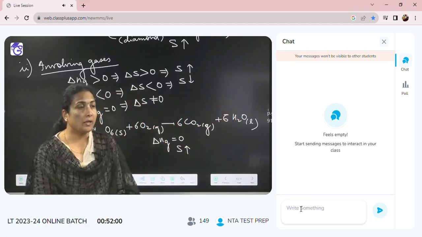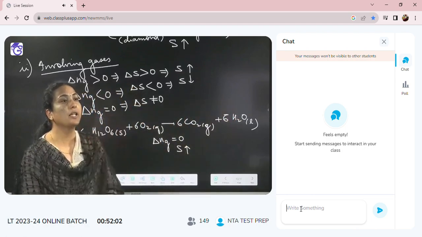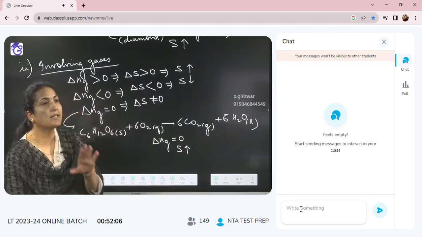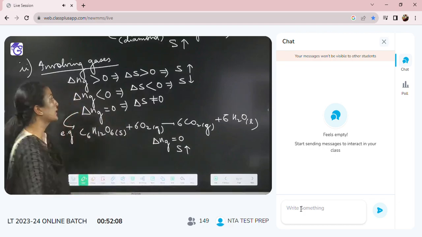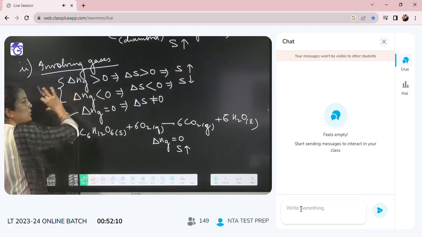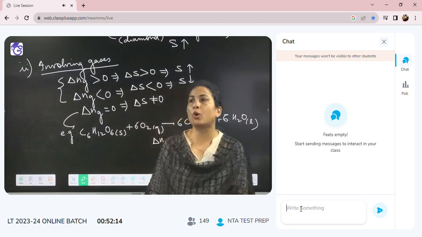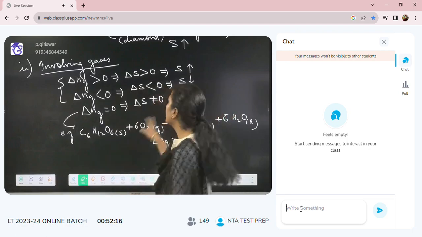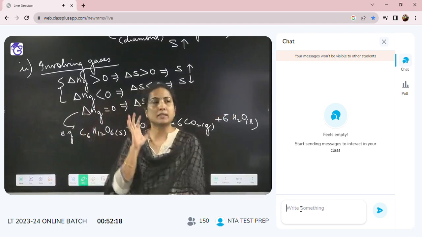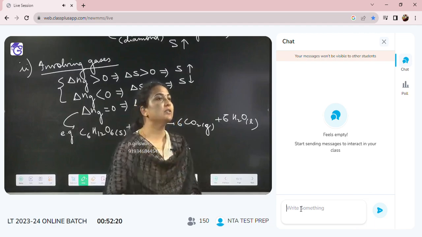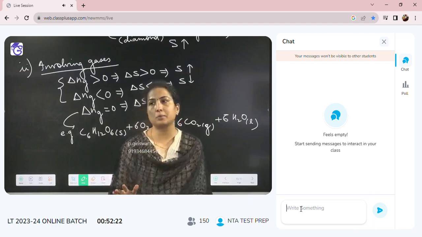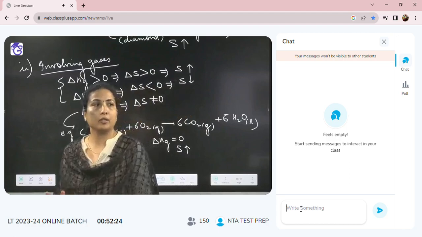Are you able to understand? That's the reason we have written entropy is increasing. As far as your level is concerned, they'll restrict themselves to reactions where delta Ng is lesser than 0 or greater than 0. This is just to avoid any misconception that delta Ng 0 implies that delta S will be 0. Are you clear about it?